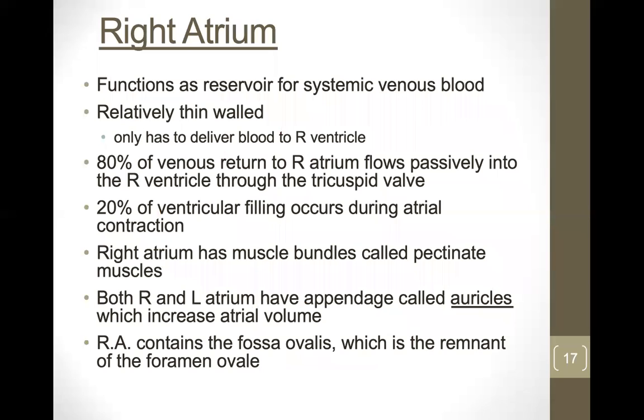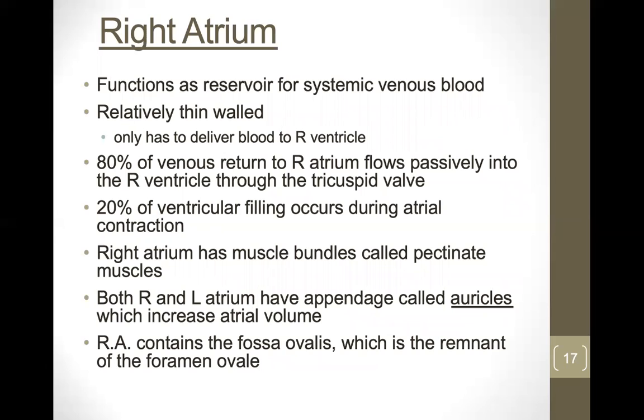We're going to start with the right atrium, and this is where all the blood is returning from the body, from the head, into the heart again. I want you to think of it as a reservoir or a holding tank for blood that's returning. It's relatively thin walled because it doesn't need a lot of muscle behind it, because all it's going to do is drop blood from the right atrium into the right ventricle.